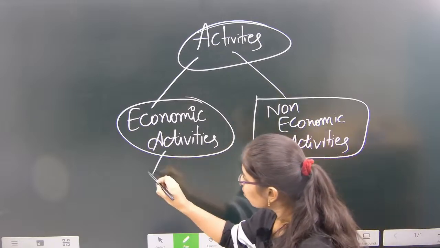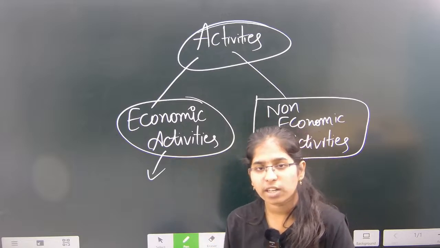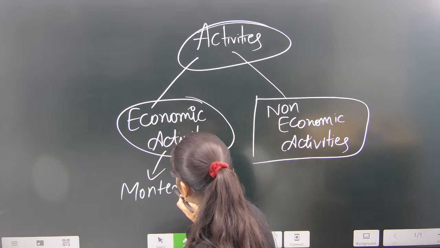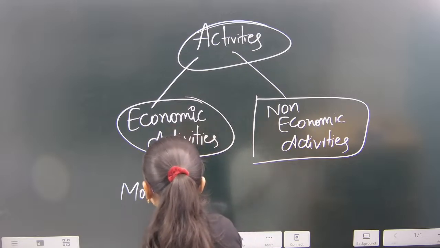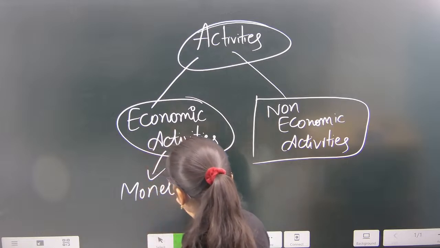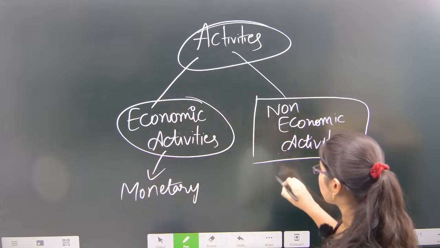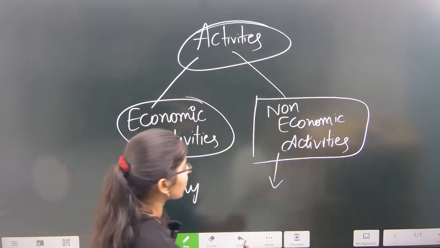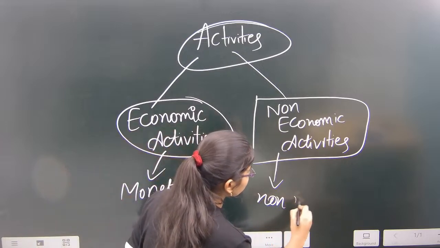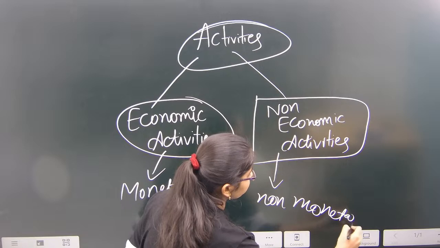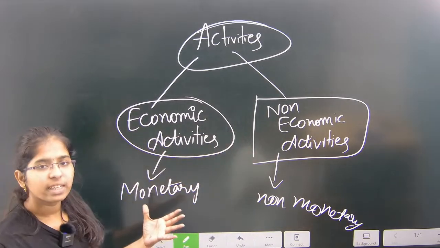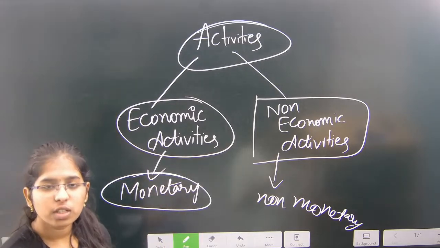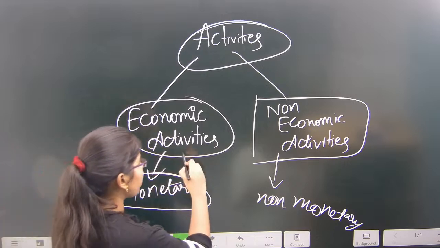Those activities which provide some kind of monetary benefits to the people are considered economic activities, and those activities which do not provide any monetary benefits for the people are considered non-economic activities. Like teaching, jobs, any activities which provide monetary benefits for human beings can be considered an economic activity.